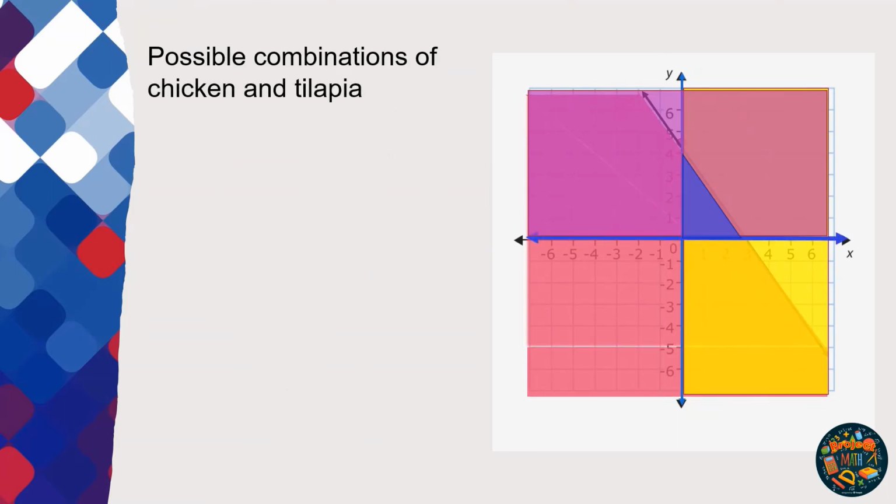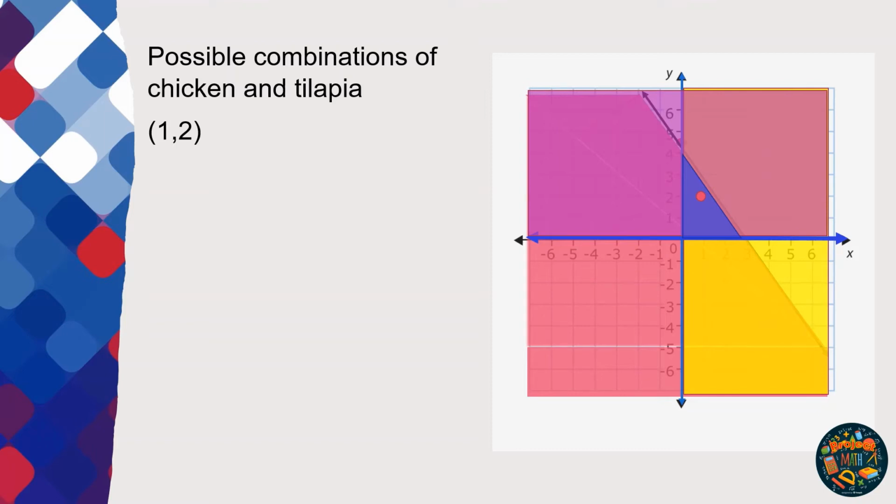So let us test the possible combinations of the number of kilograms of tilapia and chicken. Let's say that we have x is 1 and y is 2, meaning that the number of chicken is 1 kilogram, and there are 2 kilograms of tilapia.